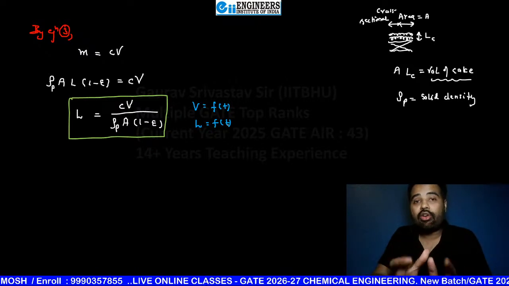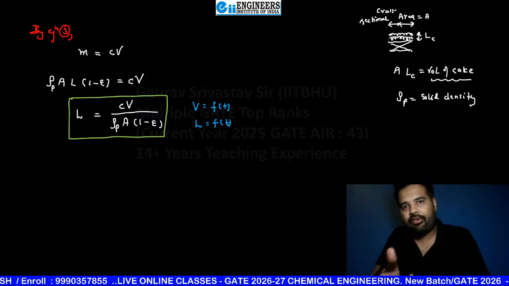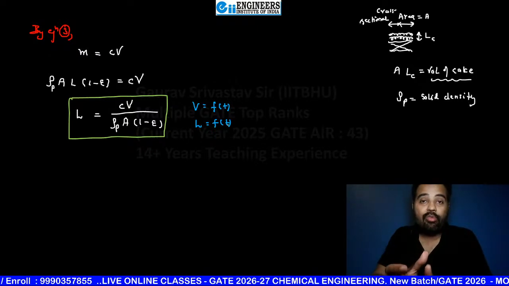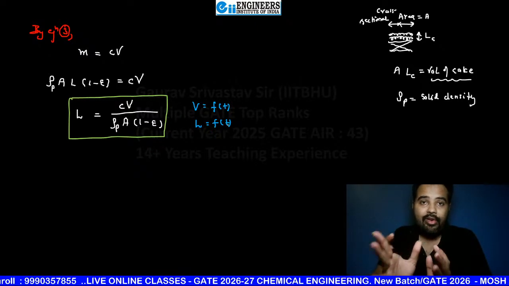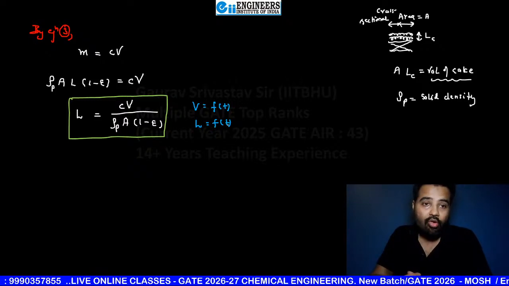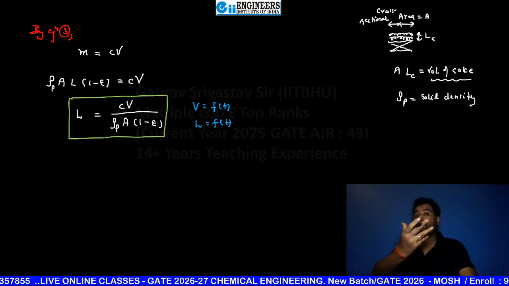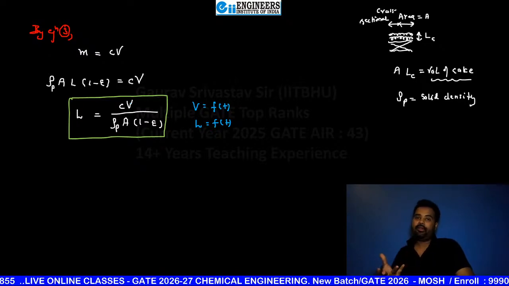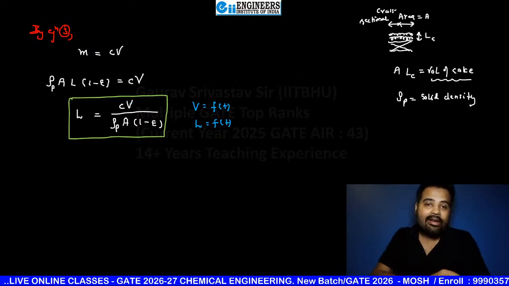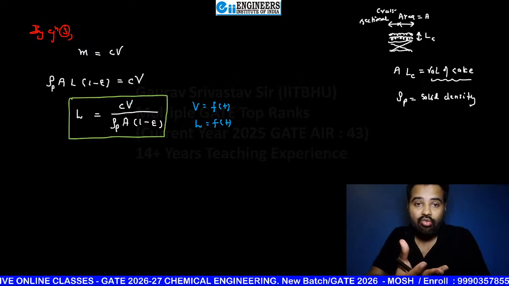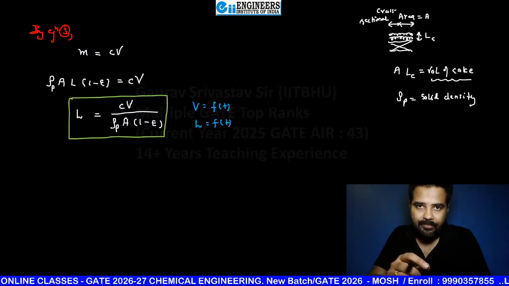That means how much solid is present in every meter cube of your filtrate or liquid. So the only variable term here is V. That is how much volume of filtrate is collected at the bottom. So that is the value V as a function of time.